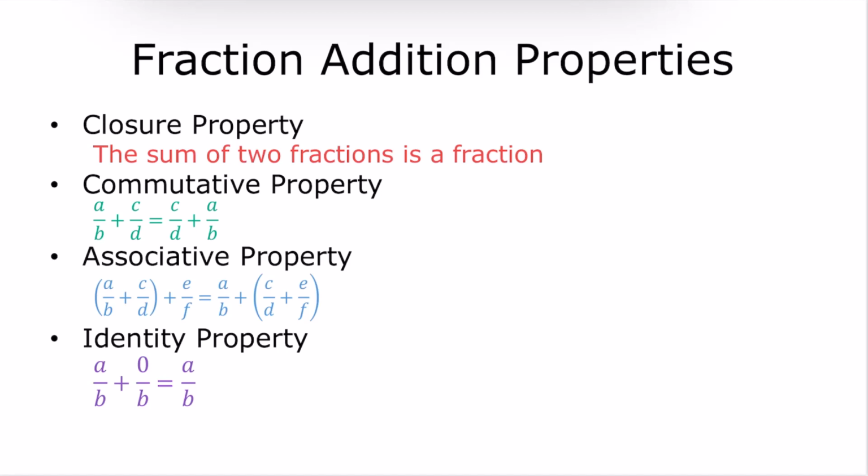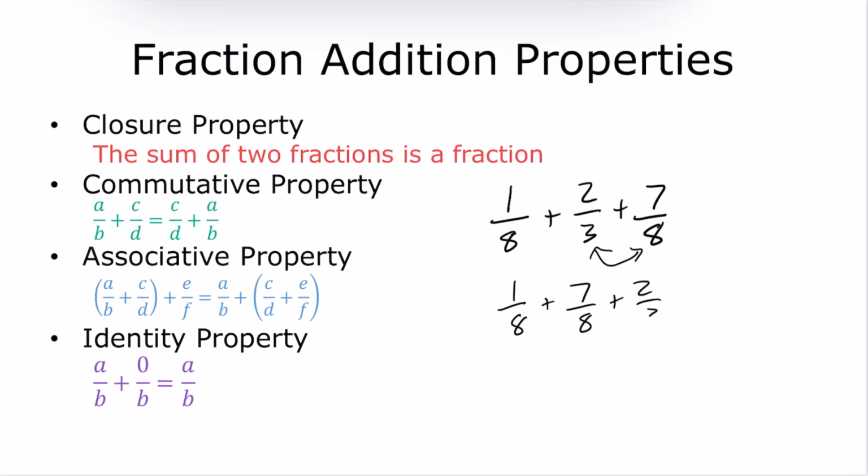So as you guys are working on your homework, you can use these properties to make some of the addition problems simpler. Like, for example, if you had 1/8 plus 2/3 plus 7/8, you may want to use the commutative property and switch the order of these two and think of it as 1/8 plus 7/8 plus 2/3, because 1/8 plus 7/8 is 8/8, which is a whole number.